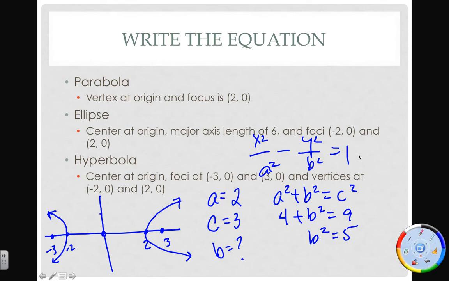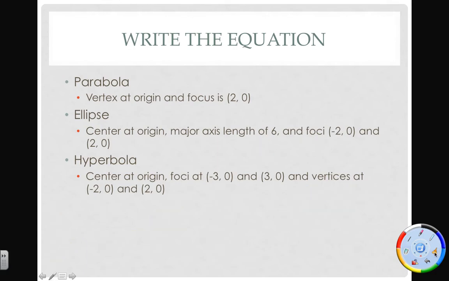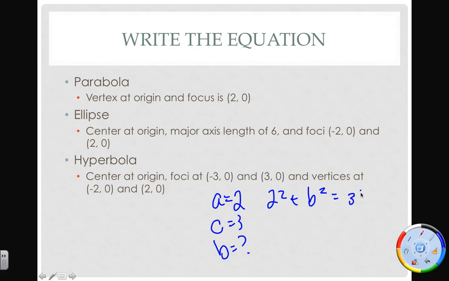So if I was to write my equation, let's get rid of this thing here. I know a was 2, c was 3, b was something. 2 squared plus b squared equals 3 squared. b squared is 5. Okay, back to this.